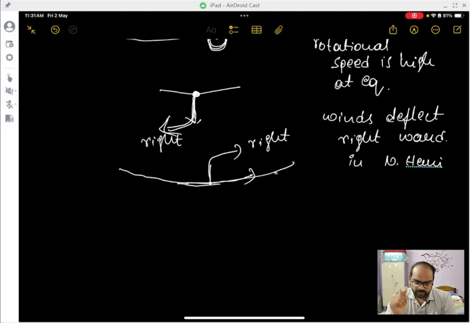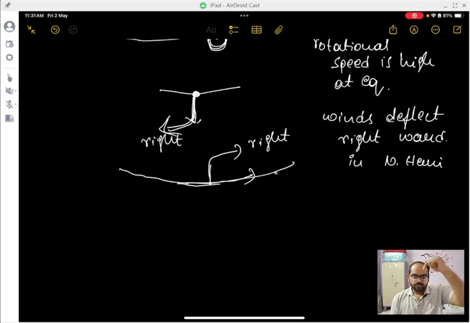Why right side? I have explained. Whenever winds move from higher latitudes to lower latitudes, the winds at lower latitudes travel much faster due to more rotational speed. Whenever it travels from higher to lower, it deflects behind the lower latitude.